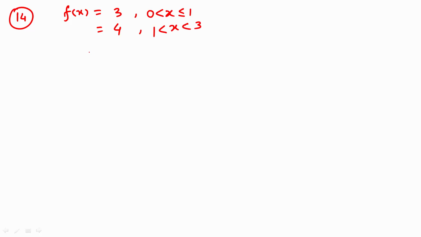Question number 14: f(x) is equal to 3 when x is greater than 0 and less than or equal to 1. f(x) is equal to 4 when x is greater than 1 and less than 3. f(x) is equal to 5 when x is greater than 3 and less than or equal to 10.